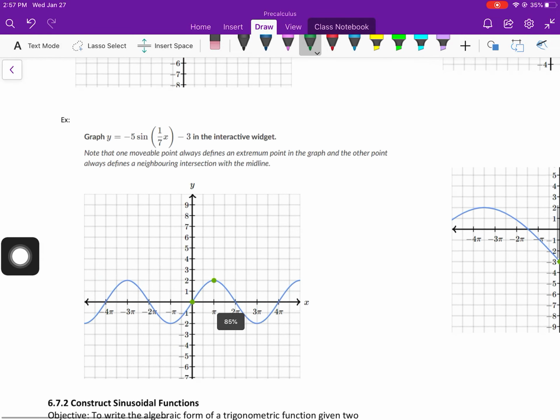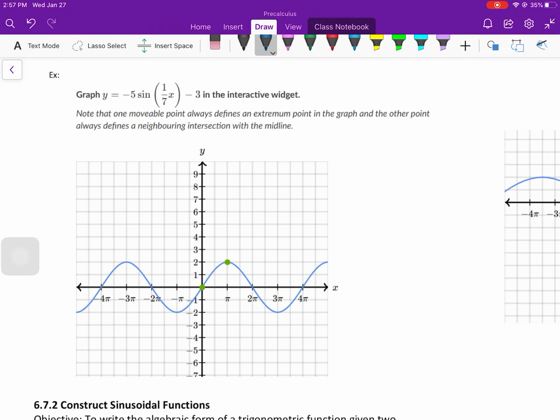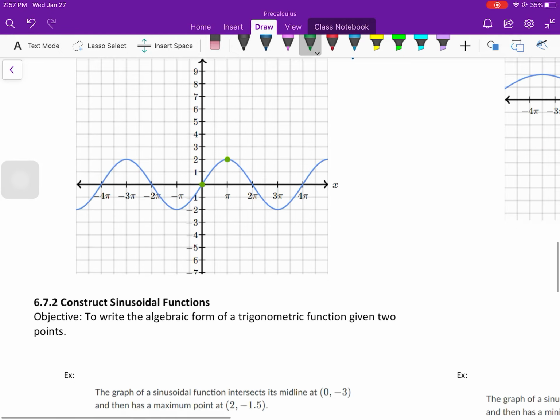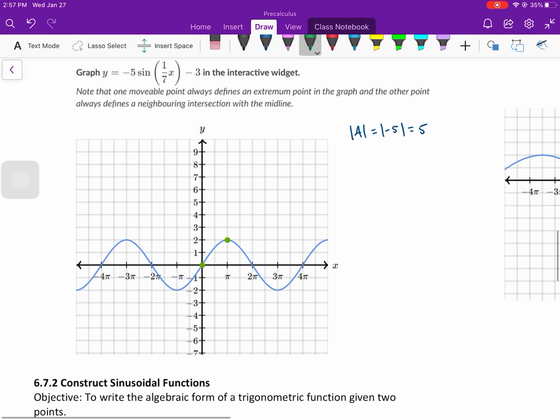Okay, one more example. We'll go through this pretty quick here. So amplitude, it's going to be 5. And you'll notice this is an upside down sine graph because it's negative. So instead of going up, instead of going to the hill first, we'll go to the valley first. And then y equals, our midline is going to be -3.